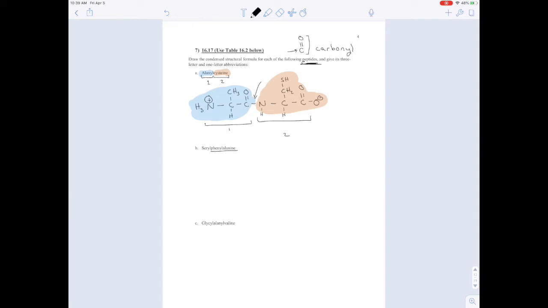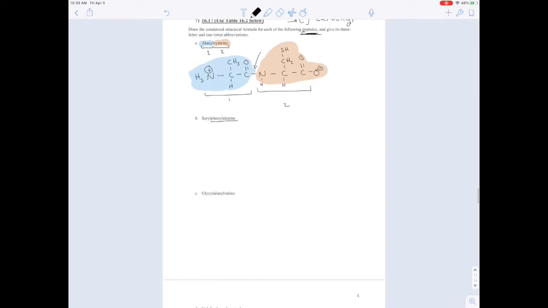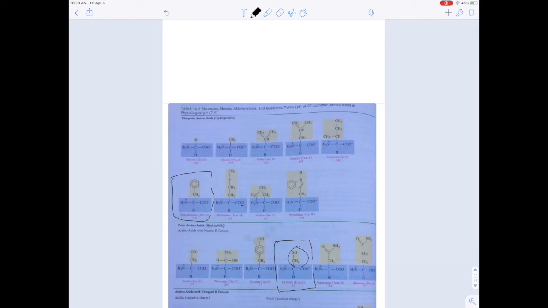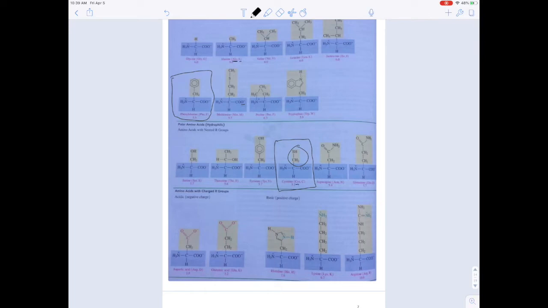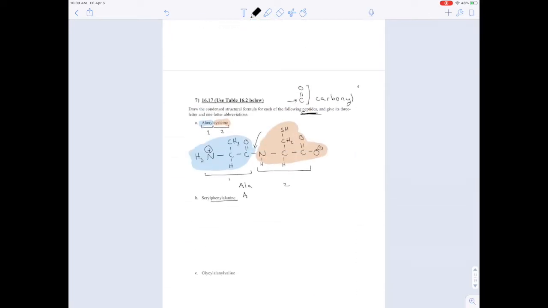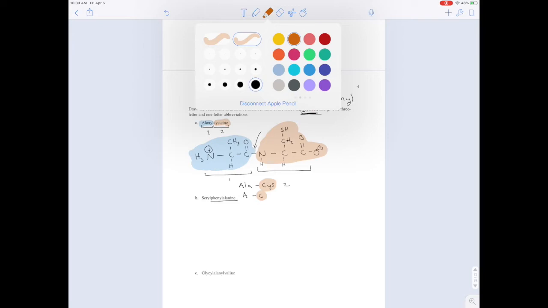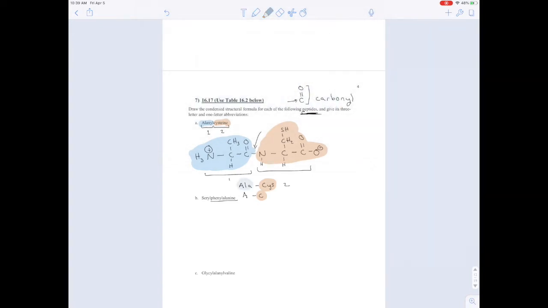Now this is also asking for its 3-letter and 1-letter abbreviations. The 3-letter abbreviation for alanine is ALA, and the 1-letter abbreviation is A. So we can also write ALA and A. The 3-letter and 1-letter abbreviations for cysteine are CYS and C. So we could write CYS and C. In each of these cases, all of these symbols are representing the same thing.